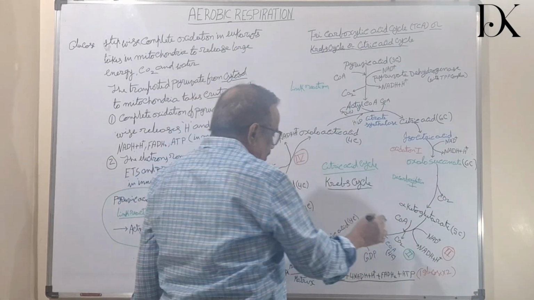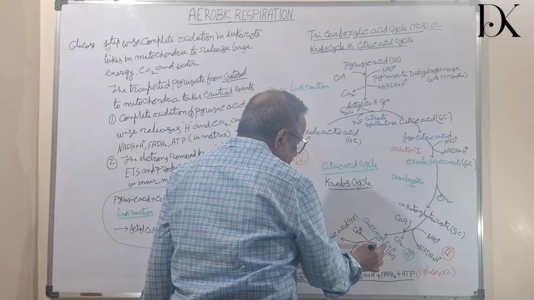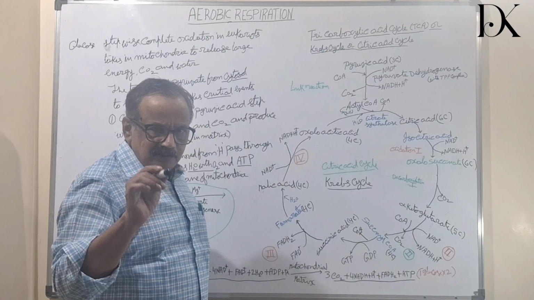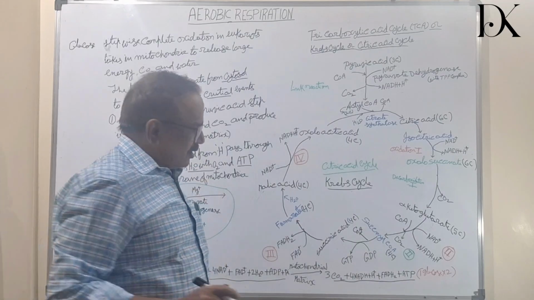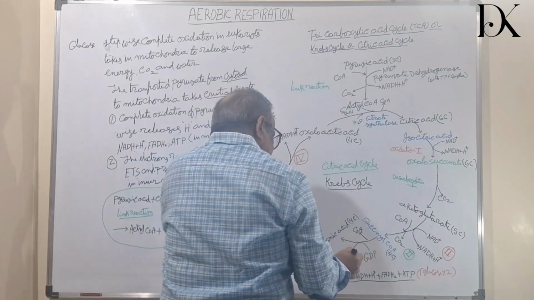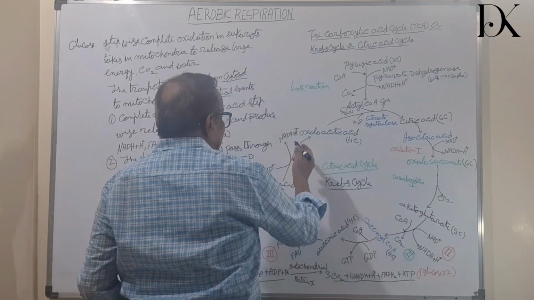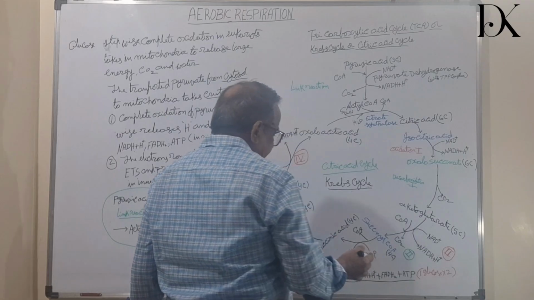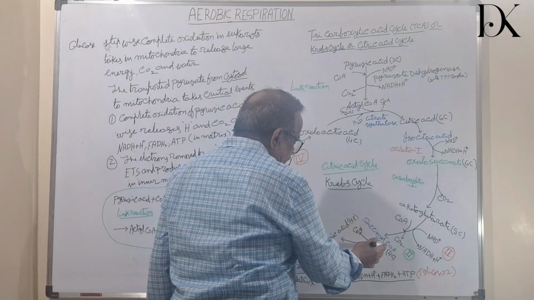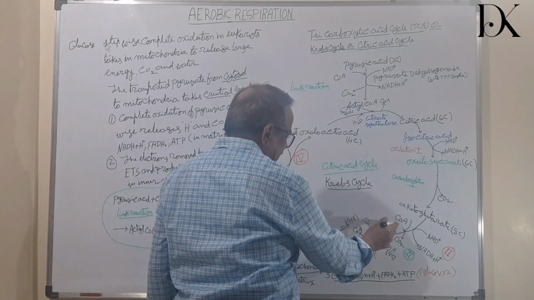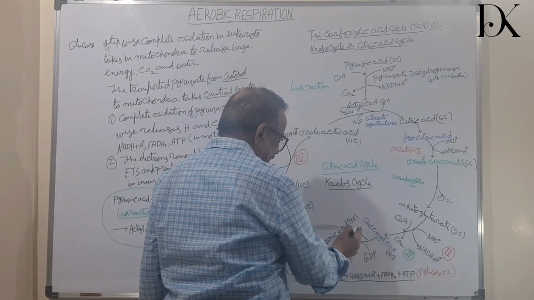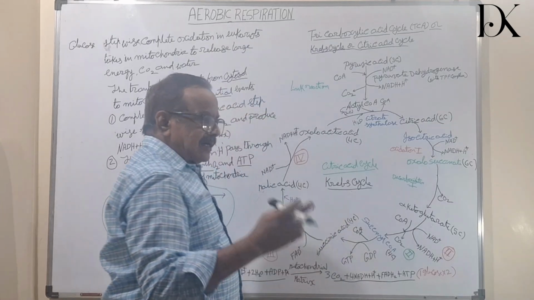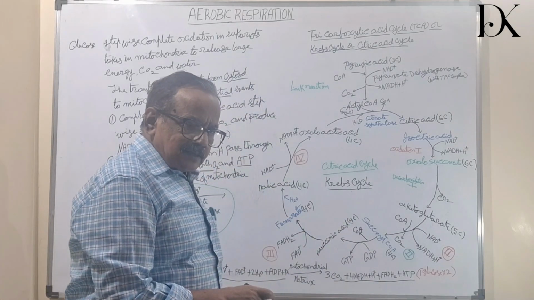And now succinyl coenzyme A, which is not given in the cycle but is given in the textbook, regenerates the oxaloacetic acid. How does it happen? Because succinyl coenzyme A has taken coenzyme A, coenzyme A will be released and it forms succinic acid, and energy will be released in this reaction.